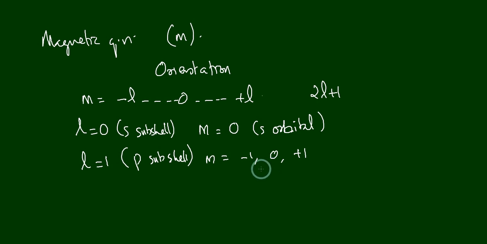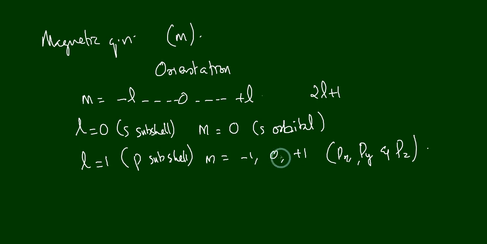Out of these three values, three orbitals are there. Which are these three orbitals? These are px, py, and pz orbitals.